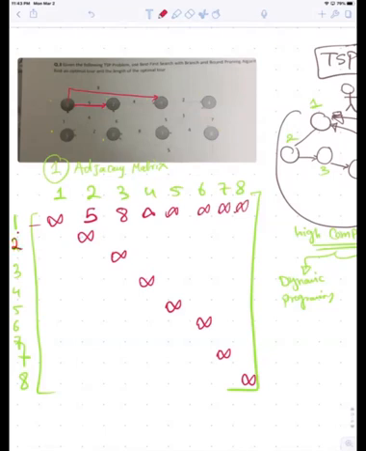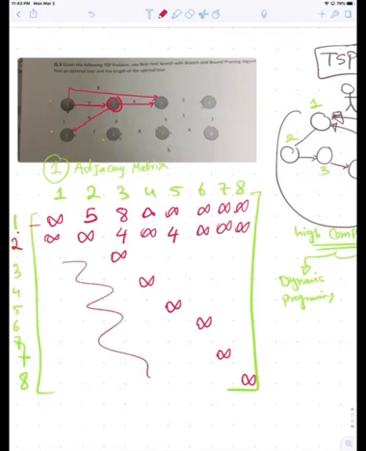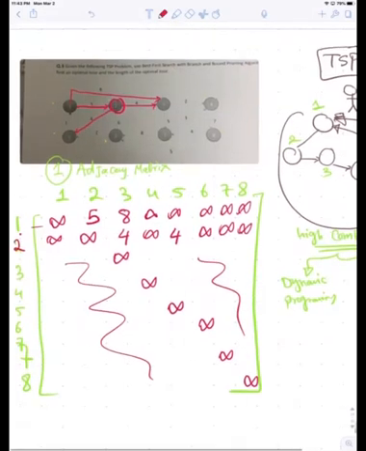Then node 2 has a path to 5, which is 4. So 2 to 5 is 4, and 2 to 3 is 4 as well. And 2 does not have any other path, thus the rest is infinity. We will keep doing that until we finish all these numbers. I will finish them offline and then I will come back again.